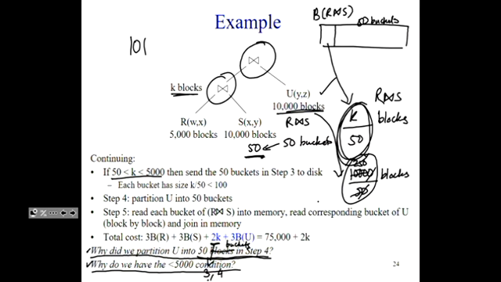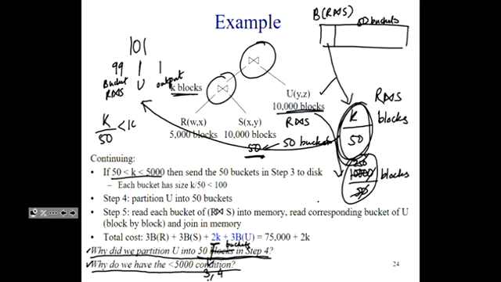So I would need, let's say, 99 blocks to store the bucket of R joined with S, one block for U, and one block for output. So said another way, I want K divided by 50 to be less than 100, and therefore K should be less than 5,000.